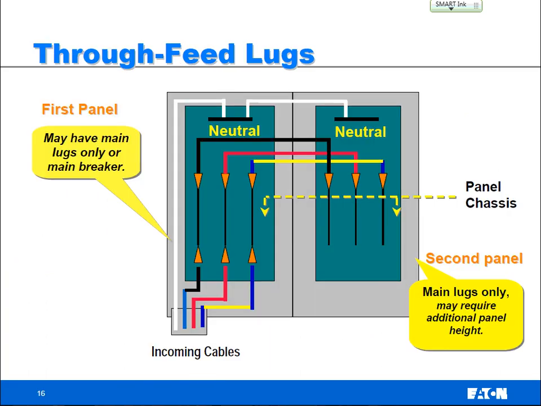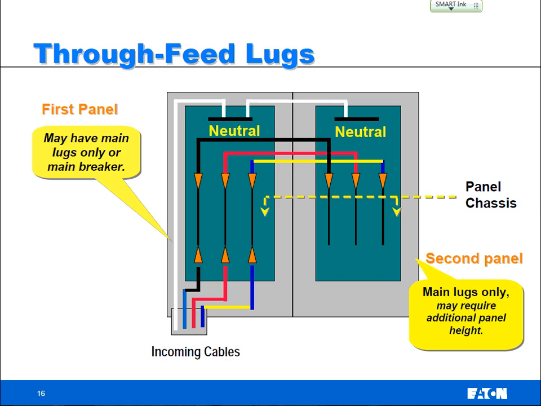More commonly, with multiple panels, we see what we call through-feed lugs. This is probably 90% of what we do. For through-feed lugs, you can have a main lug only or a main breaker. Main lug only doesn't give you any disconnect means, and main breaker gives you a means of disconnecting all these panel boards.